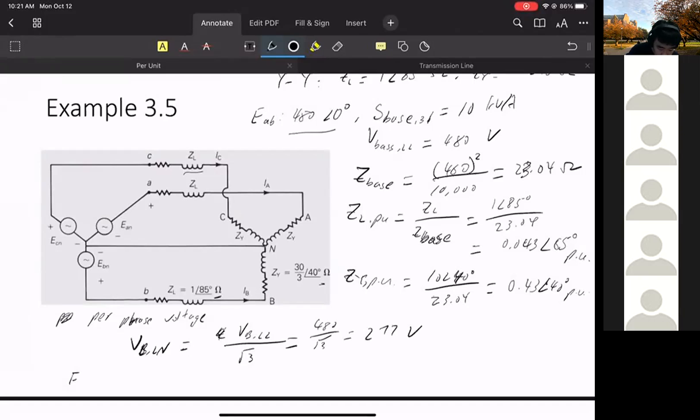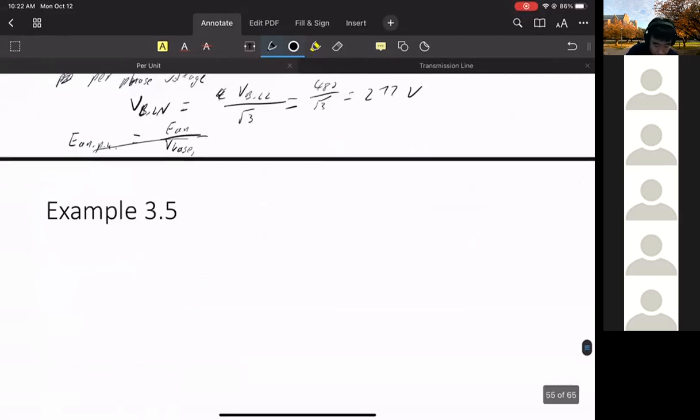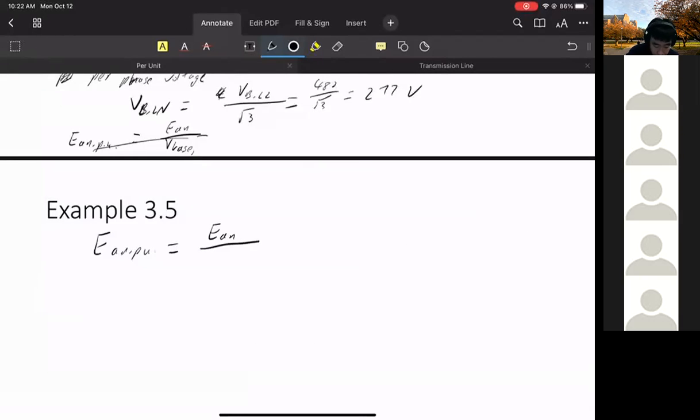So let's put this in per unit terms. We need to divide the voltage by the base voltage. To finish the circuit, I need to divide the voltage by the base line to neutral.